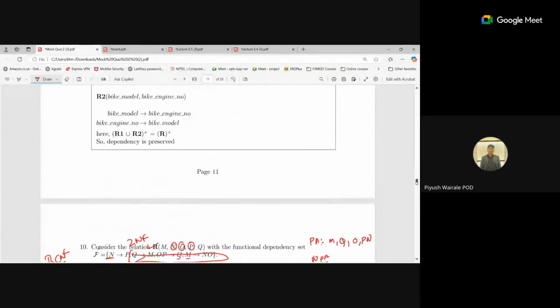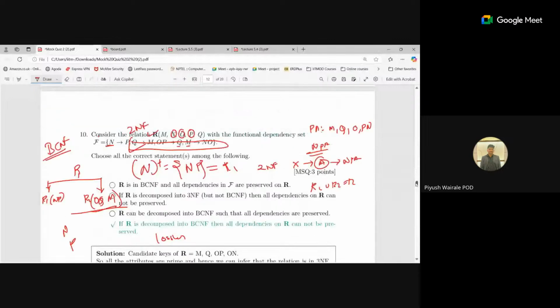Yeah, here we can add N here, that is for sure. Because if I add P here, what will happen? Common attribute will be what? P. If you add P, common attribute will be P. Then will we get either R1 or R2 from that P? No, right?